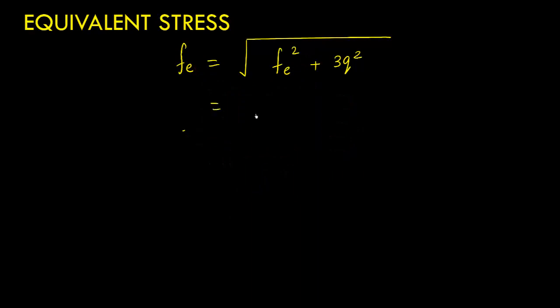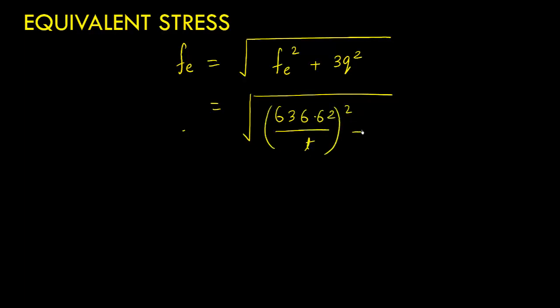So we calculated these values. Fa is 636.62 divided by T whole square, plus 3 times q, which is 229.83 divided by T whole square.